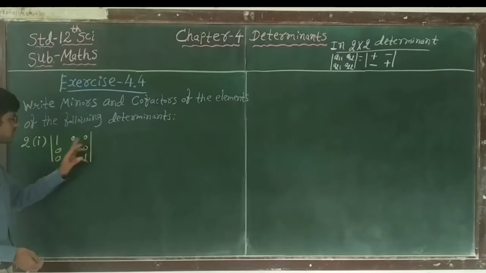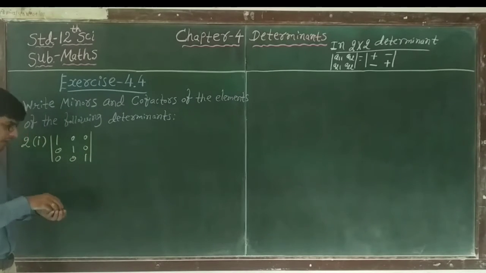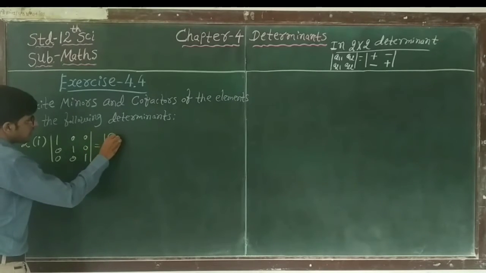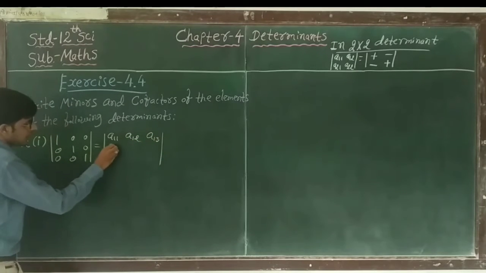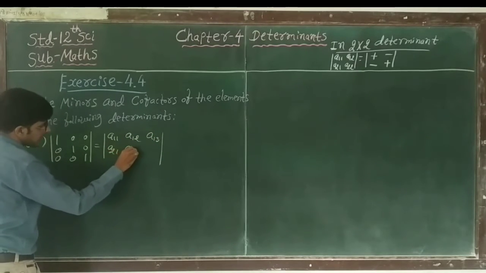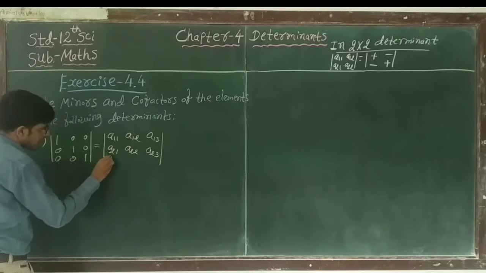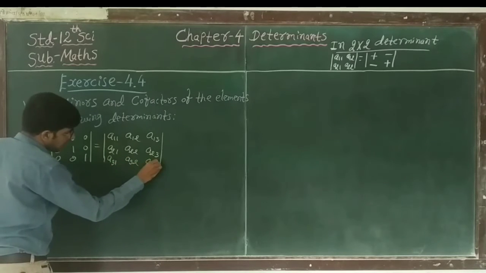Next, question number 2. The matrix is 1 0 0, 0 1 0, 0 0 1. The question says you have to find minors and cofactors of all elements. So here A is equal to A11, A12, A13, A21, A22, A23, A31, A32, A33.